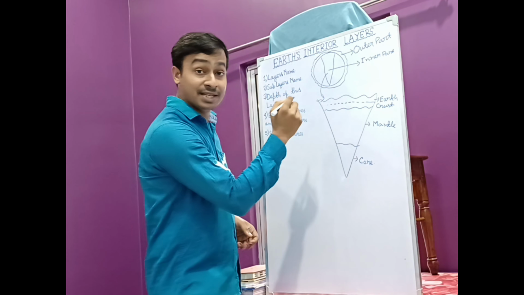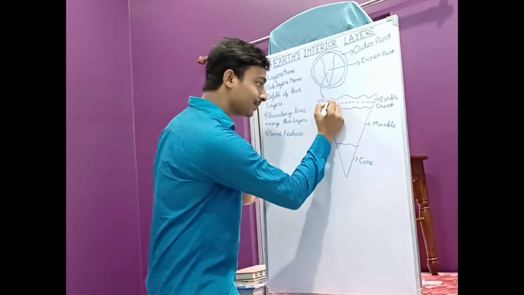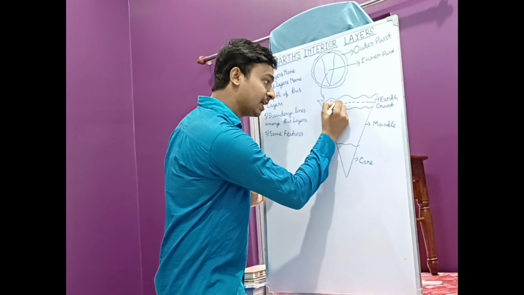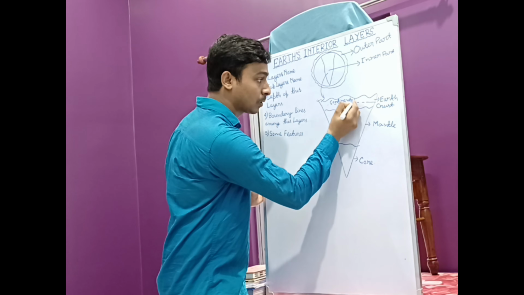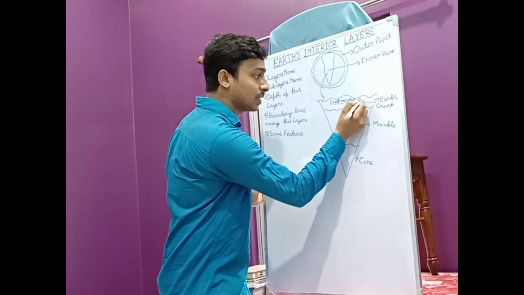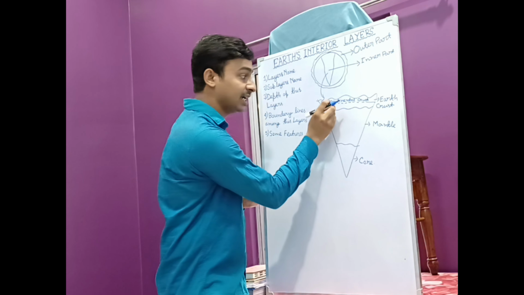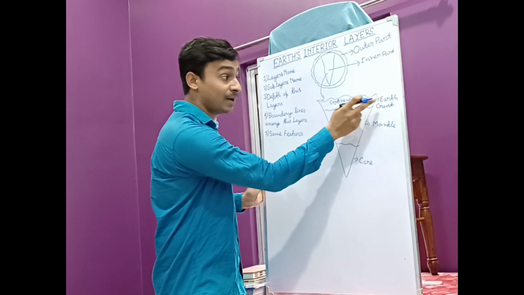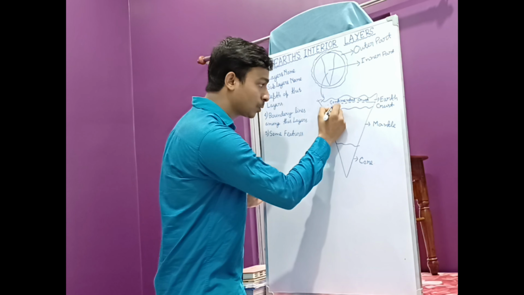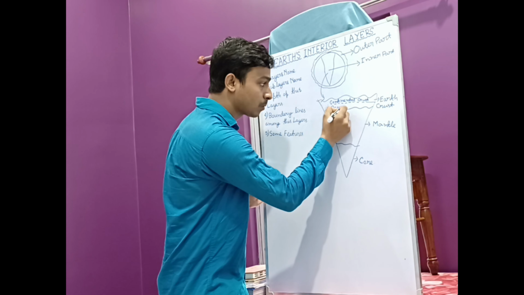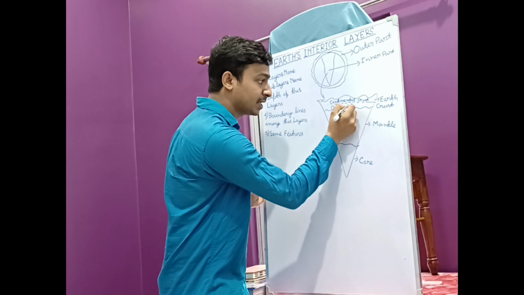Outer layer name is continental crust, and inner layer of earth crust is oceanic crust.